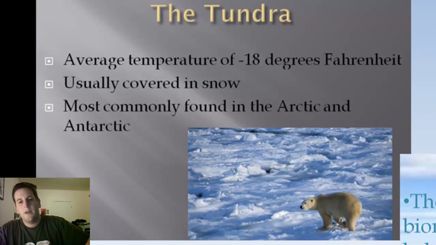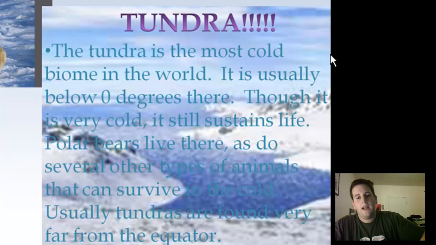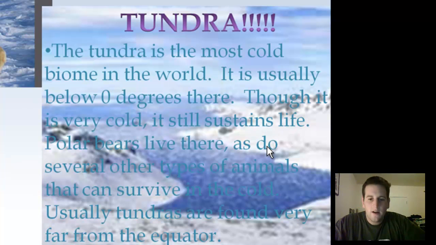Let's look at slide 2 over here. This one says tundra. And then it has a big sort of image of a tundra sort of environment in the background. And then it's got this text in blue that says the tundra is the most cold biome in the world. It's usually below 0 degrees there. Though it is very cold, it still sustains life. Polar bears live there, as do several other types of animals that can survive in the cold.